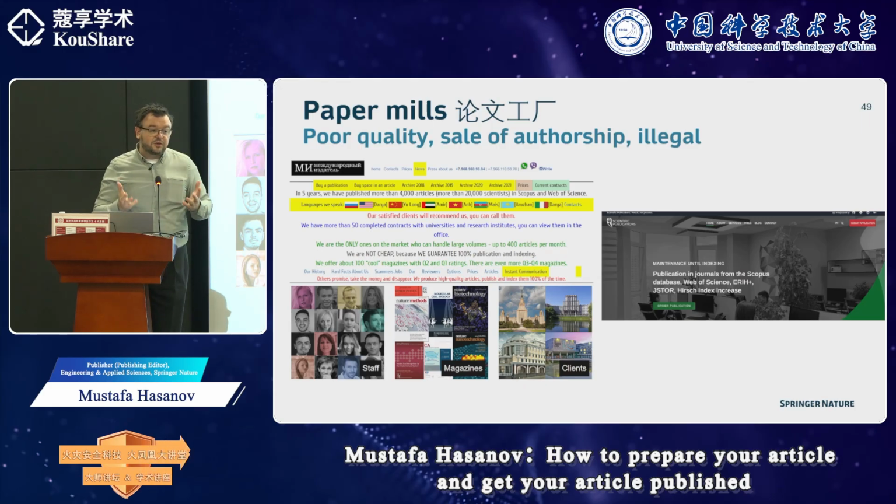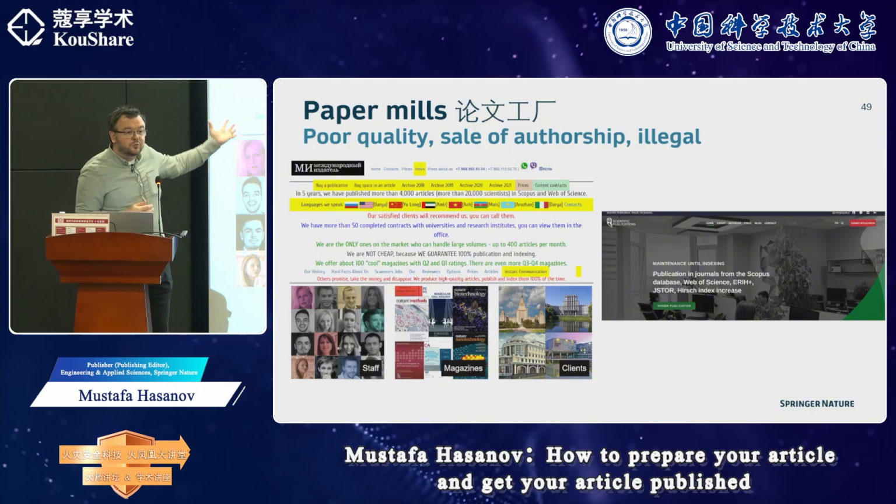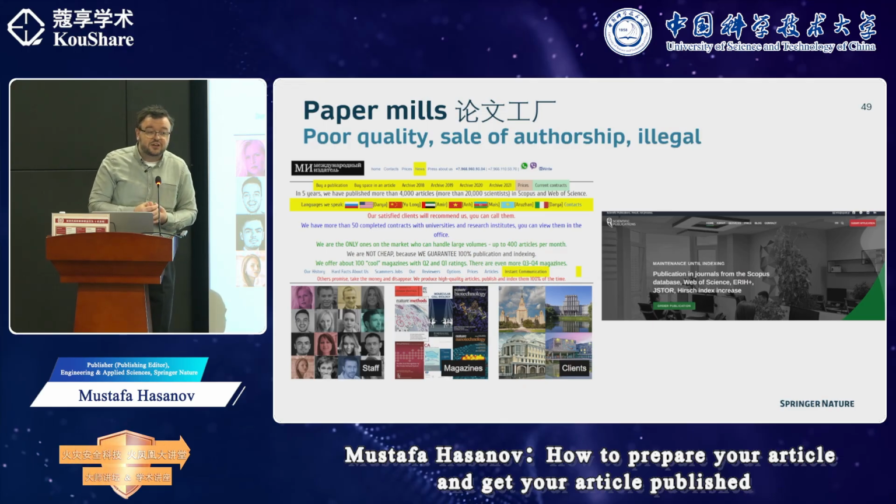They claim that they actually offer legitimate services, and sometimes they have really nice web pages where you can buy a publication, as I said, buy a place in an article. What in reality happens is that you may pay money into something that, of course, is in the gray zone, and you just lose your money, and these people have a nice life.